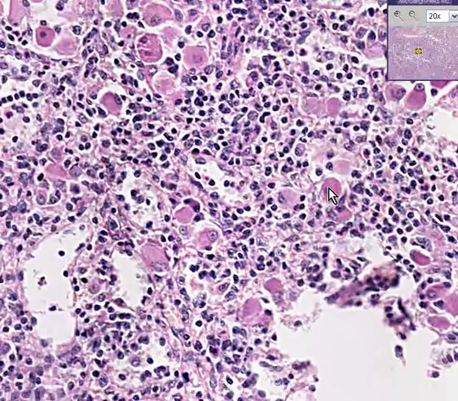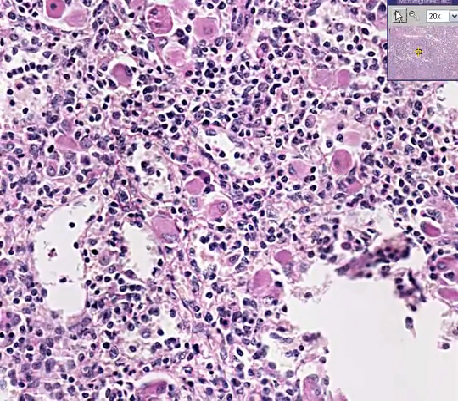This is Gaucher's disease. Gaucher's disease is a classical genetic disease due to problems or defects in the ability of the body to make an enzyme called glucocerebrosidase.